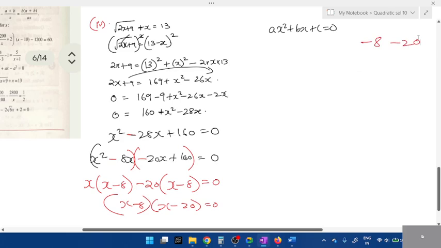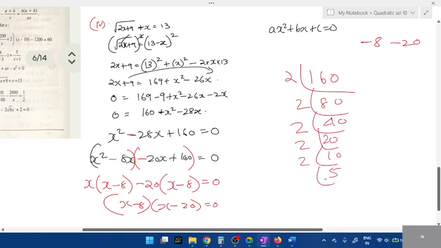We use normal factorization because 160 was an easy number. If not, you could have done like this as well. Okay, you should know how to group it. We call it a trial method. 2 into 80, 2 into 40, 2 into 20, and 2 into 5, 5 into 1. Okay. For this question, what we did previously was correct.